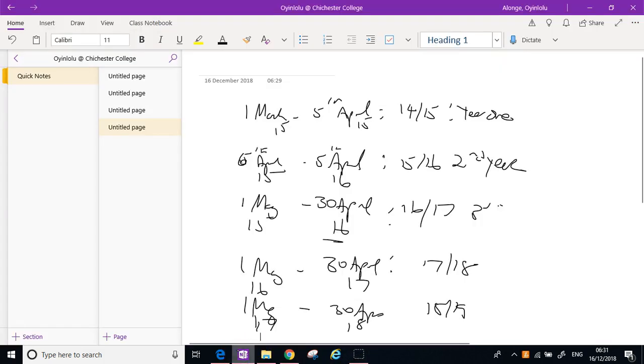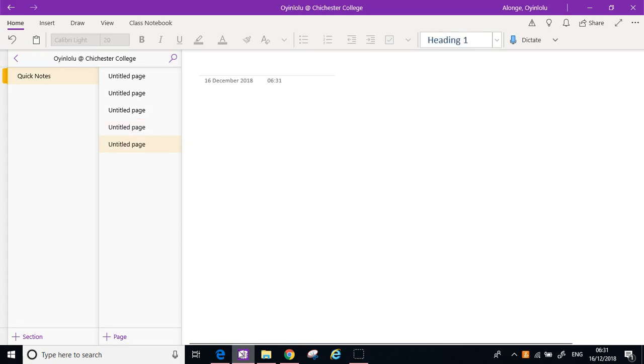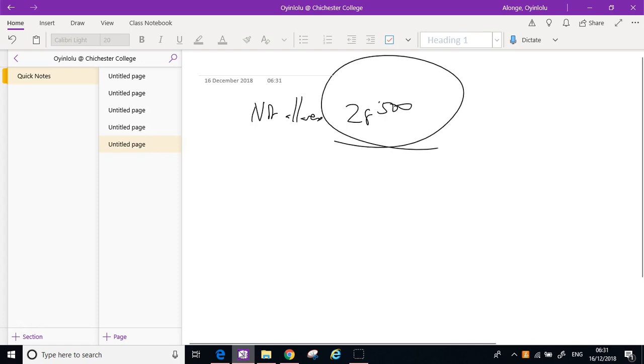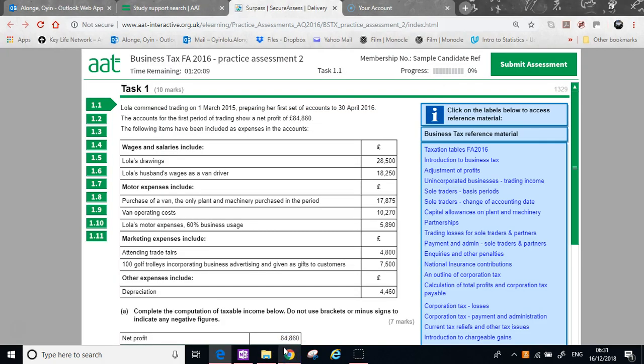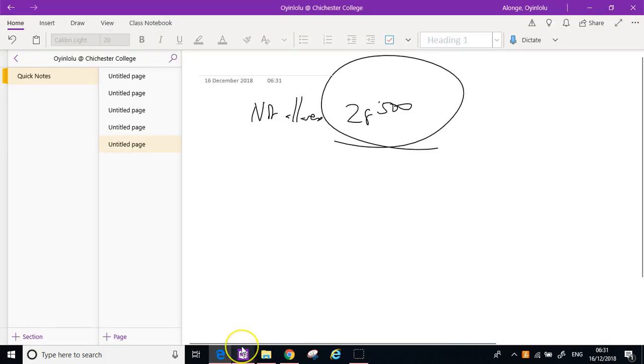I'll make a new note here. So not allowed, 28,500. You need to add that back. Then this purchase of a van is a capital expenditure, 17,875, not allowed.